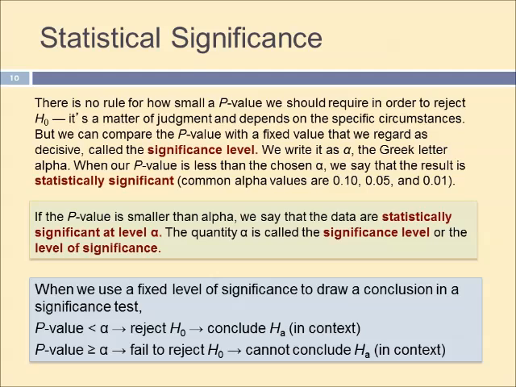The p-value is less than alpha, in which case we reject H0 and conclude that the alternative is true, again in the context of the problem. If the p-value is greater than or equal to alpha, we fail to reject the null hypothesis. So we can't conclude that the claim by the alternative hypothesis is true.